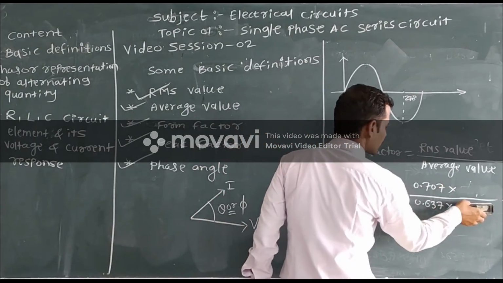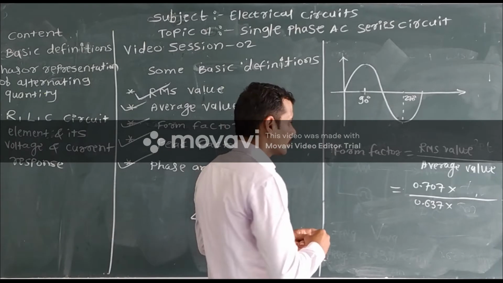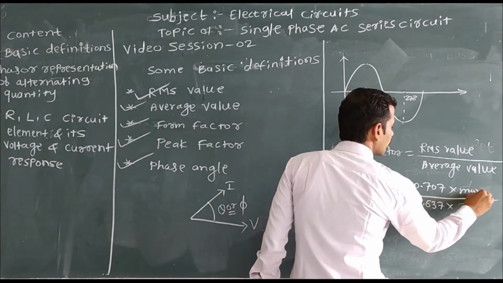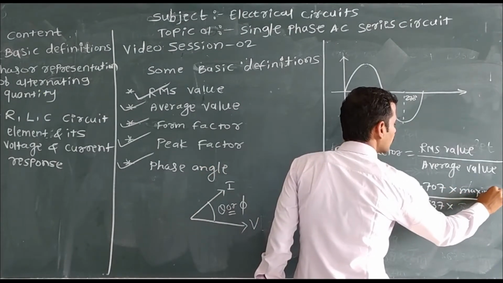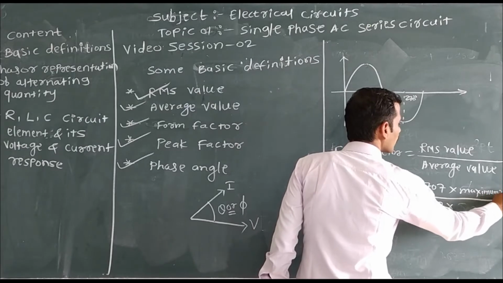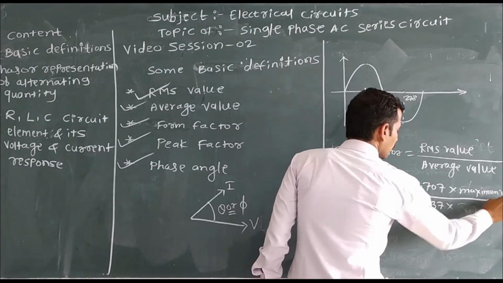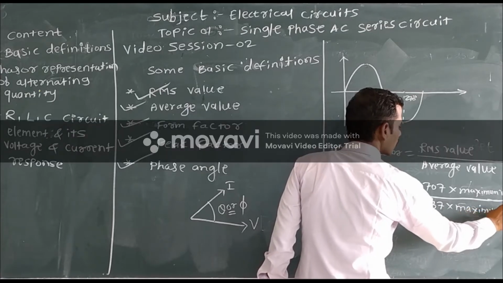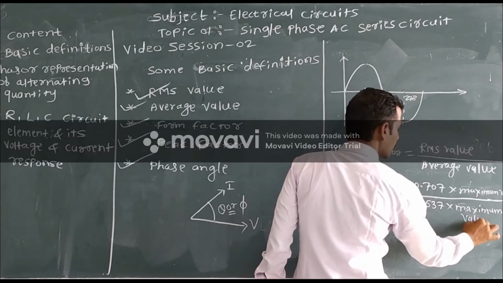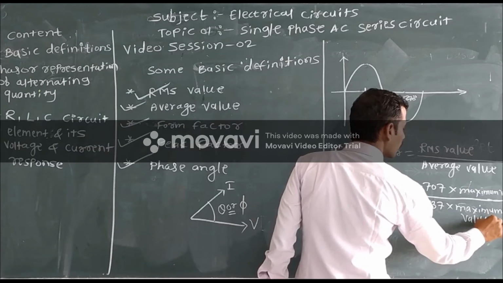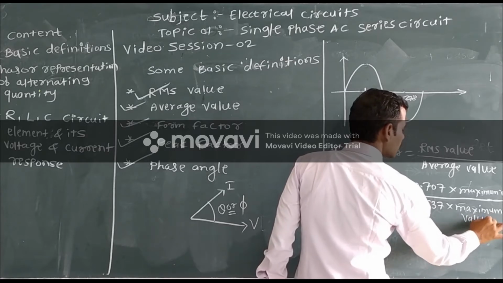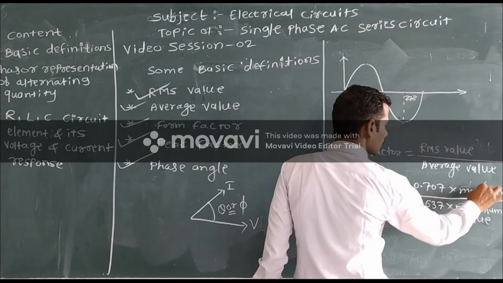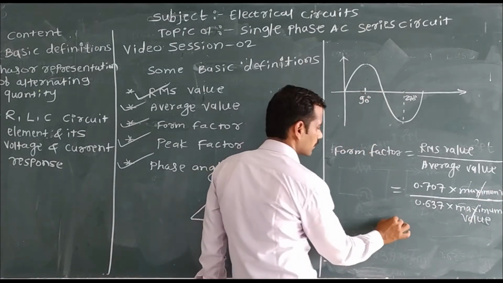Here IM is the maximum value, and the maximum value in numerator and denominator will get cancelled.